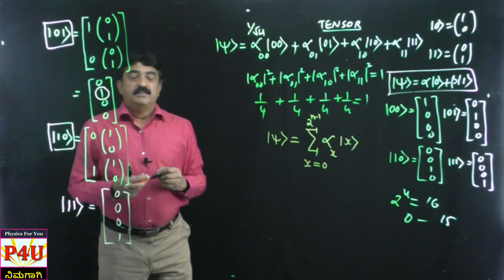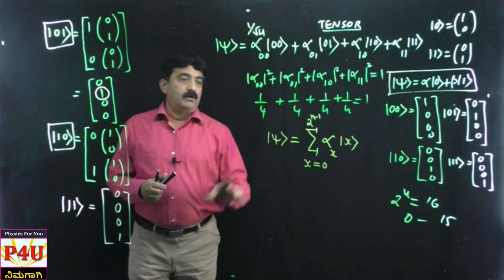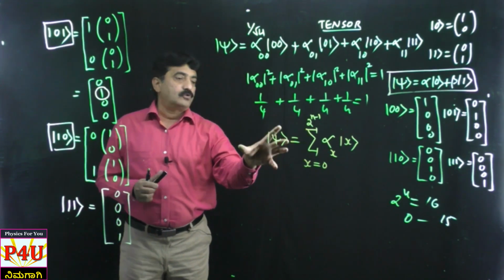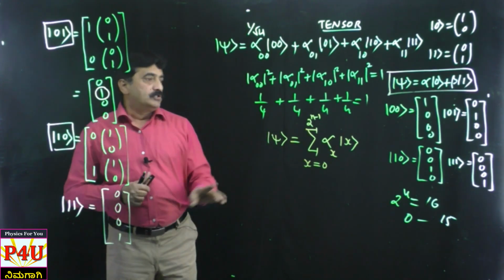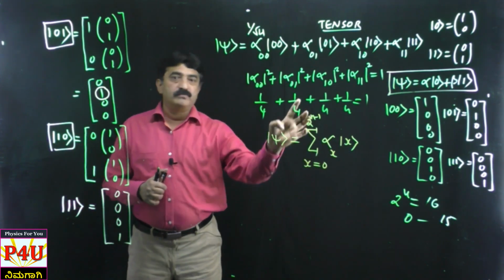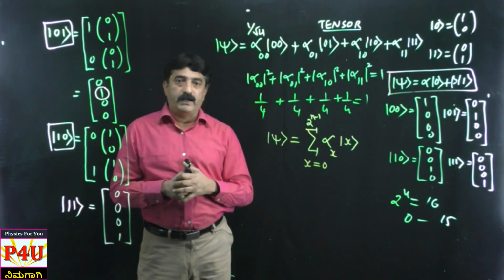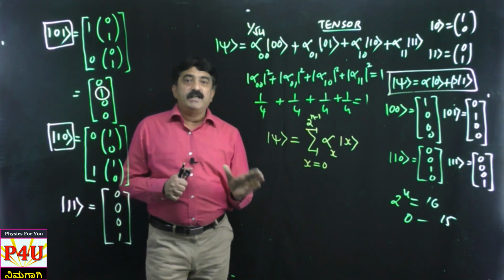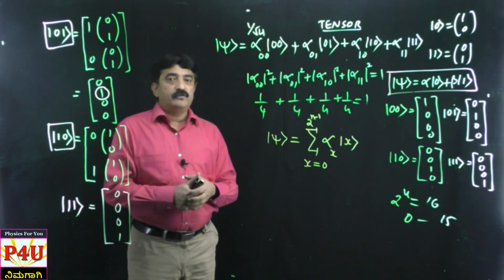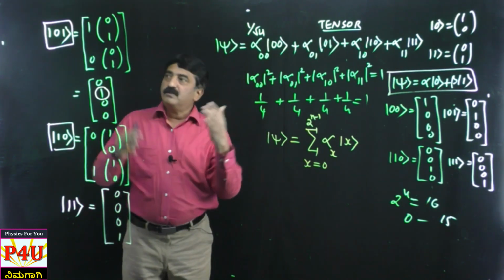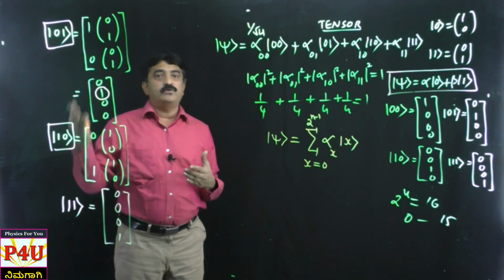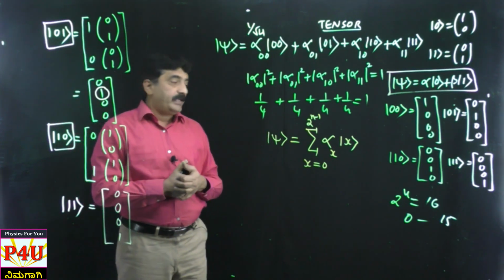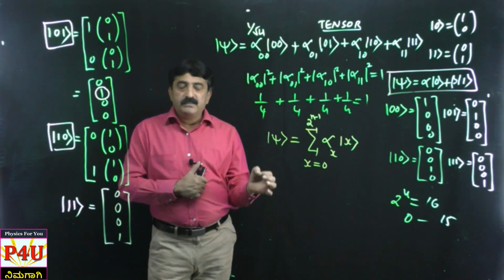This is the simplified or general form of multiple states or superposed states. Clear? So x can be any value from 0 to 2 to the power of n minus 1. So this is about the representation of qubits, superposition of qubits, and then calculation of the superposition of multiple qubits using a tensor product. Okay, so with this I stop this video here.